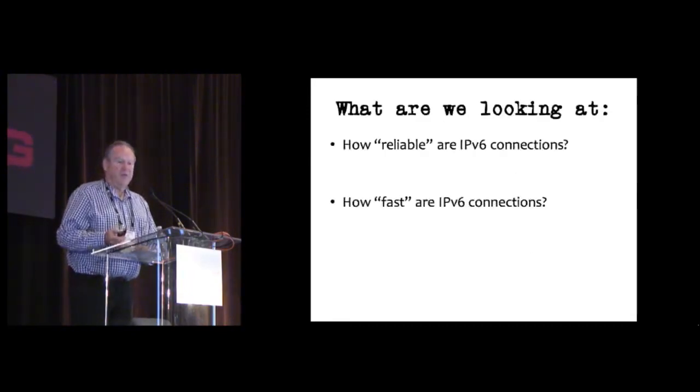Because of course, there are kind of two suspicions about IPv6. One, it's hideously unreliable, and two, it's as slow as all hell. So you'd only deploy it if you really hate your customers, right?